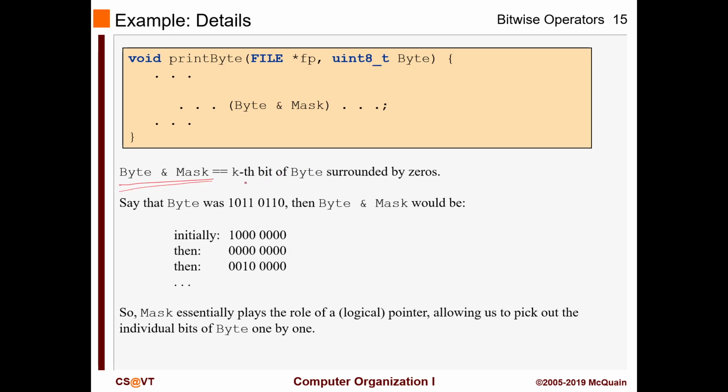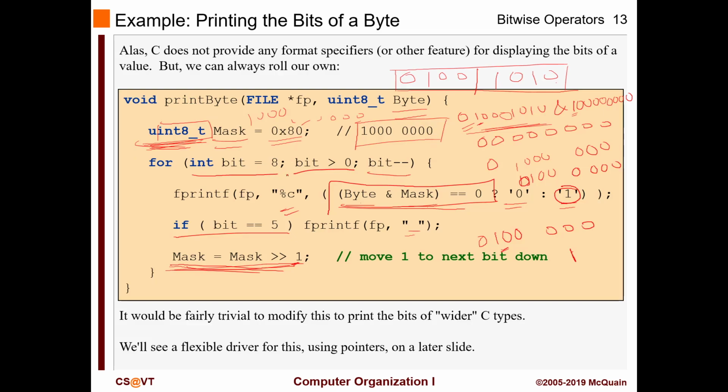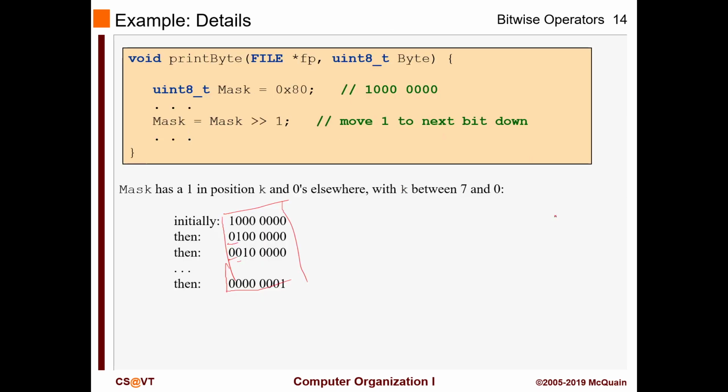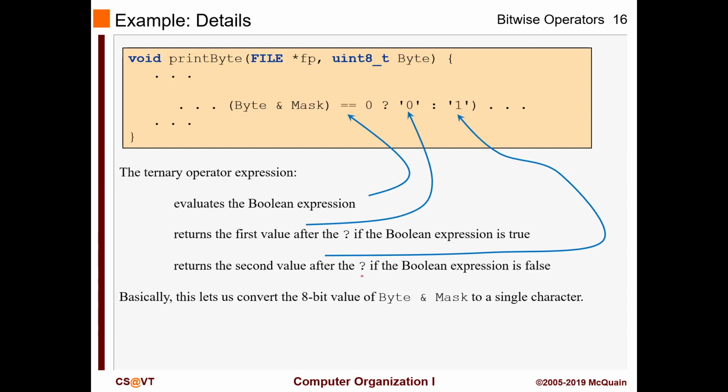If it equals 0, then the kth bit of the byte is 0, surrounded by zeros. Like I already showed in the third phase, if this one is not false, in this case it's not going to be equal to 0. So in this case, it's going to print 1 and so on.